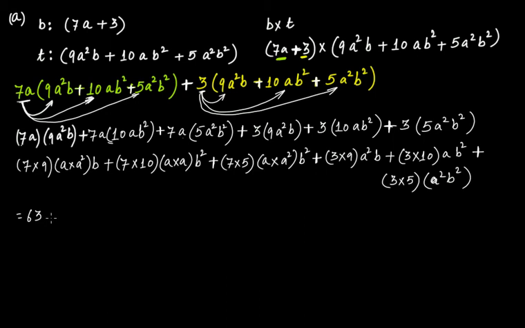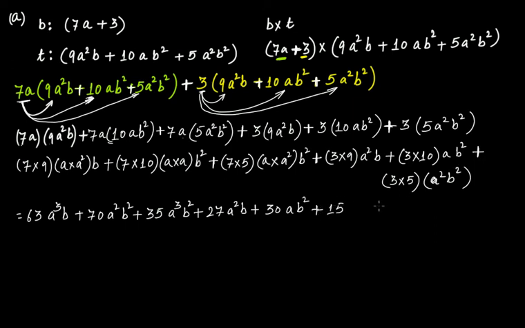This is a cubed, this is b, plus this is 70, this is a squared, this is b squared, this is then 35, this will be a cubed, this is b squared, plus this is 27, then you have a squared b, then plus you have 30, and then ab squared, and then you have 15 a squared b squared.